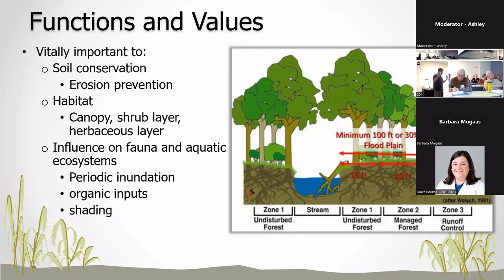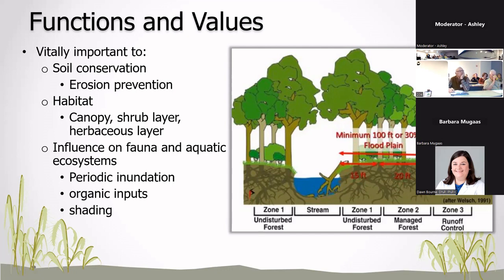The other thing that buffer does is provide inputs into that stream. There are all kinds of things living in that stream, and the riparian buffer is providing them the food, the organic material, and the structure, sticks and things that provide habitat. It is vital to the survival of everything living in that stream.